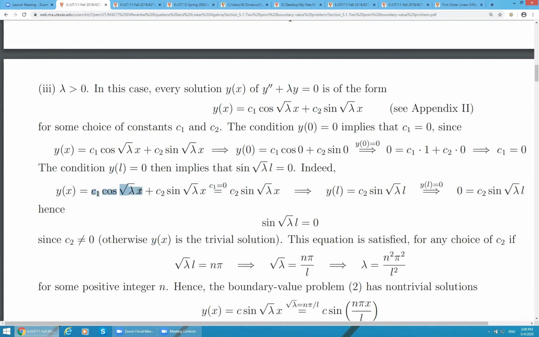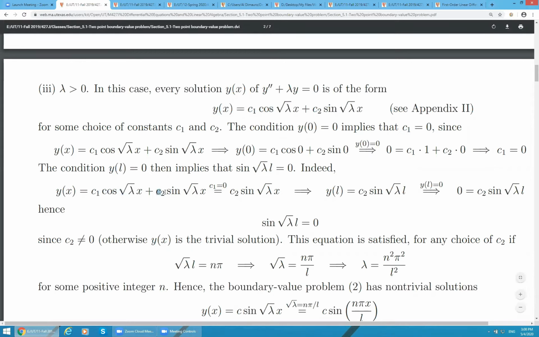Term number 1 disappears, so y of x is C2 times sine. It's exactly what we have here. Next step, replace x by L, and lastly, use the fact that y of L is equal to 0. We replace y of L by 0, and we're done.